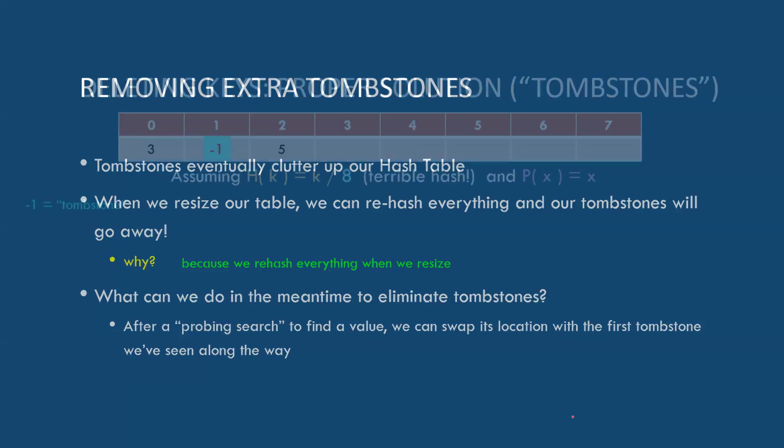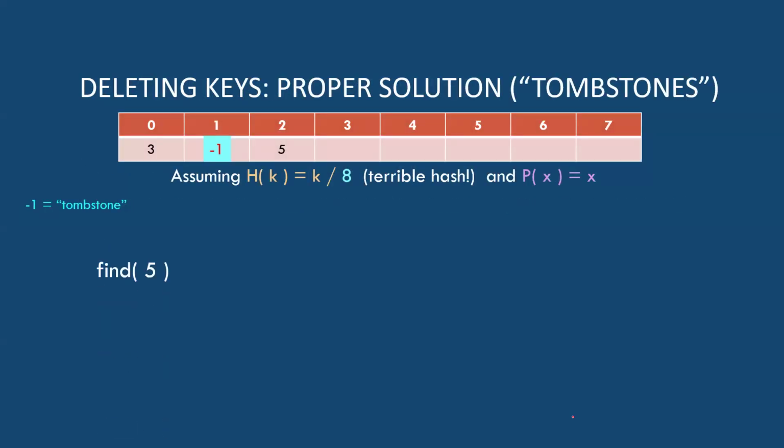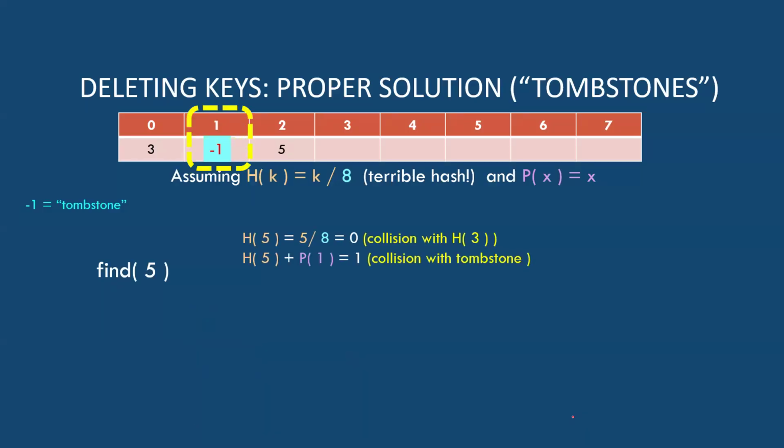There is a way to slowly, in a lazy way, get rid of these tombstones. One algorithm is to say, on the way to finding a 5, if we pass over a tombstone, remember its location, and then once you find the 5, move the 5 into the location of the first tombstone.